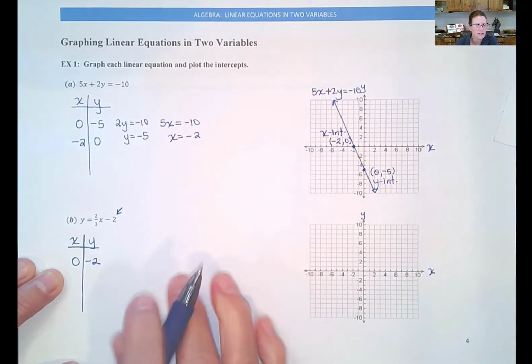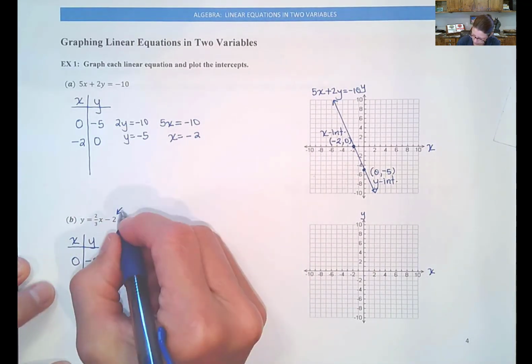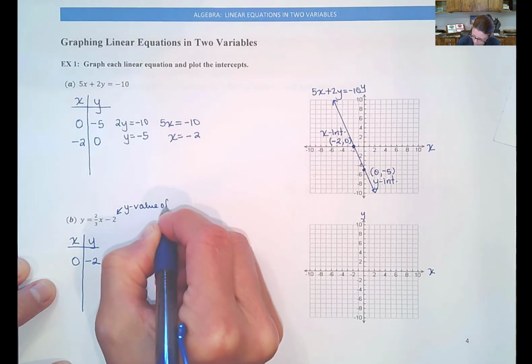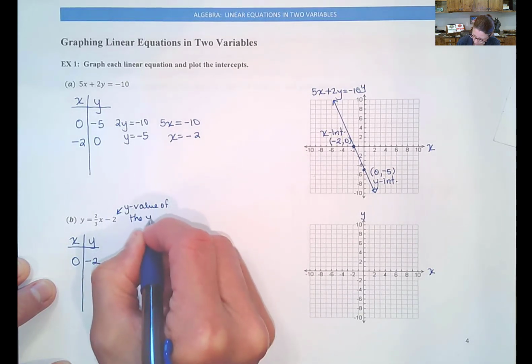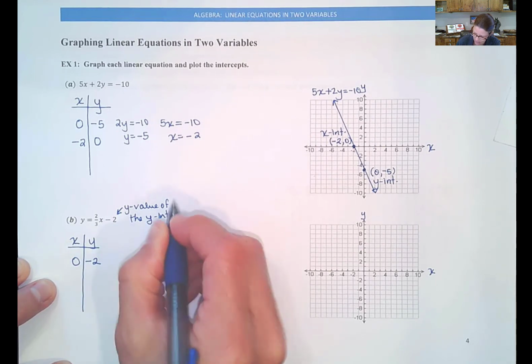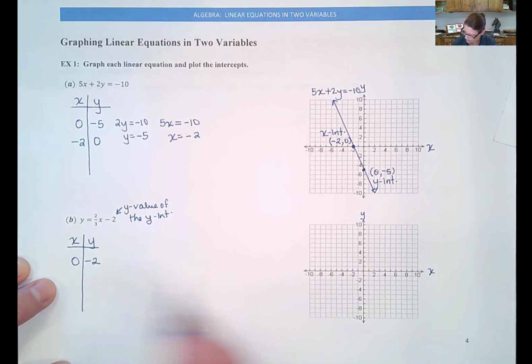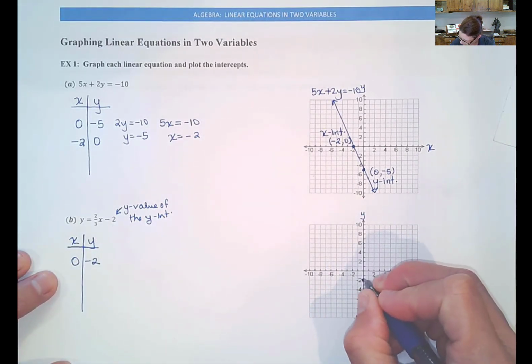When your equation is solved for y, you can always see the y value of the y-intercept sitting out here as the number-only term. Negative 2 is the y value of the y-intercept.